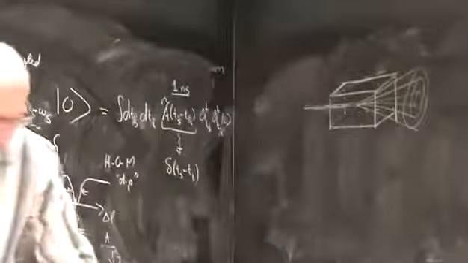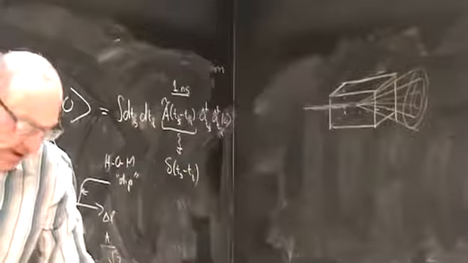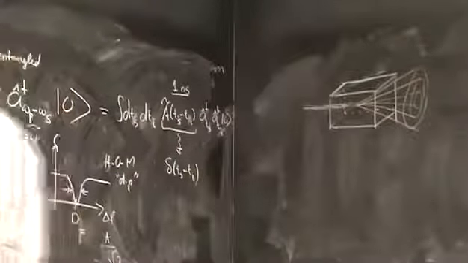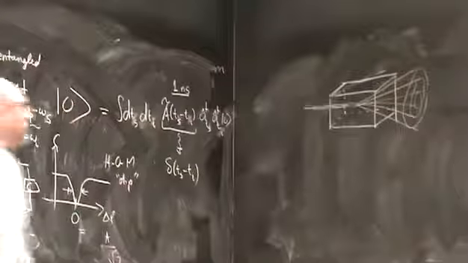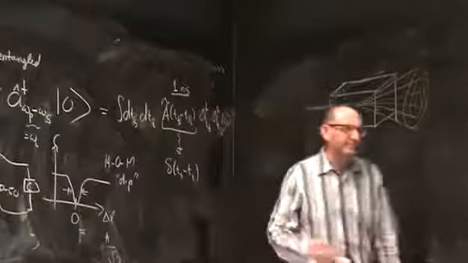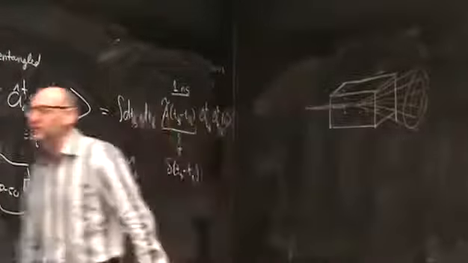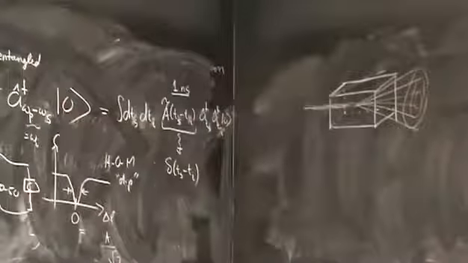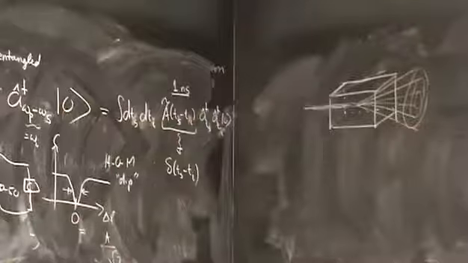All right, I want to just finish this lecture by talking about something else that's important on this. What about type 2 phase matching? I don't know if we'll be able to finish this, but let's get started.